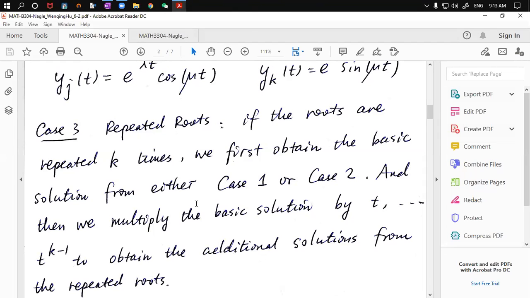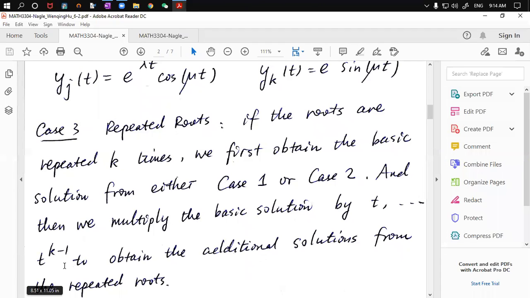It says that you first obtain the basic solution from either case 1 or case 2. Then you multiply the basic solution by t, t squared, and so on, until t to the power of k minus 1. That means the repetition is k times. Just multiply until t to the power of k minus 1 to obtain the additional solutions from the repeated roots.